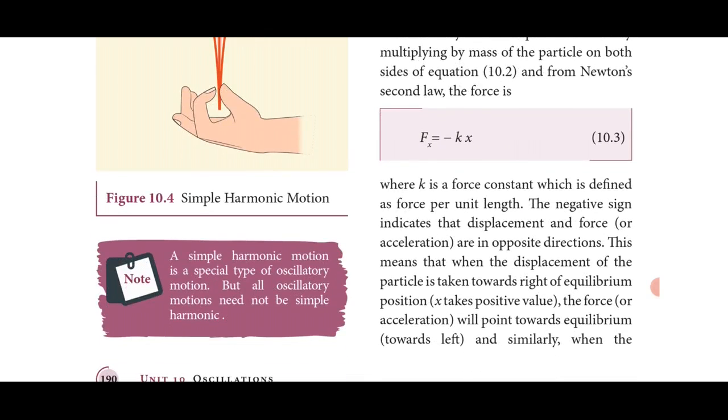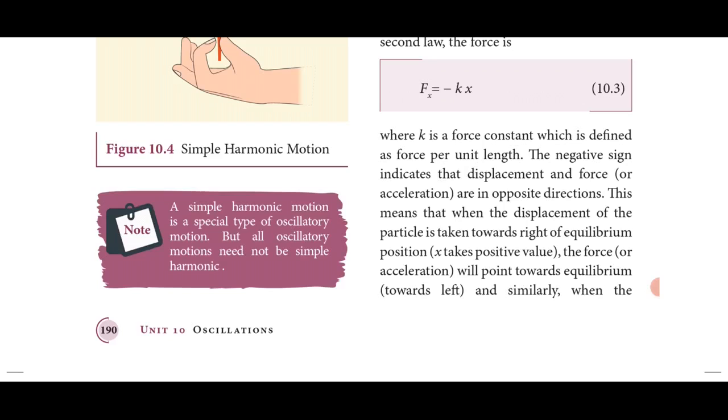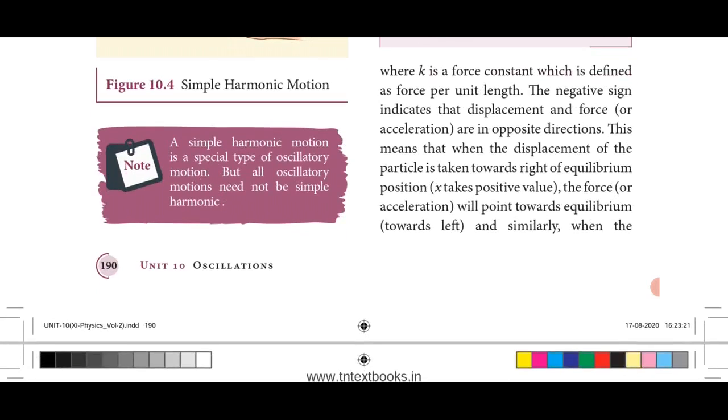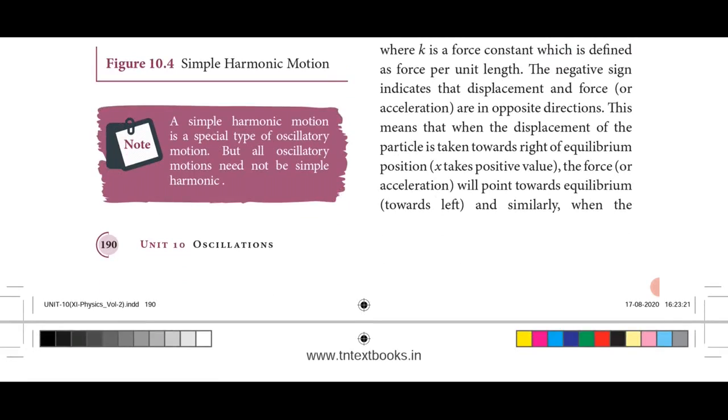k is a force constant, which is defined as force per unit length. The negative sign indicates that the displacement and the force are opposite in direction. So when the displacement of the particle is towards the right of the equilibrium position, that is x takes a positive value, the force or the acceleration will point towards the equilibrium, that is towards the left.